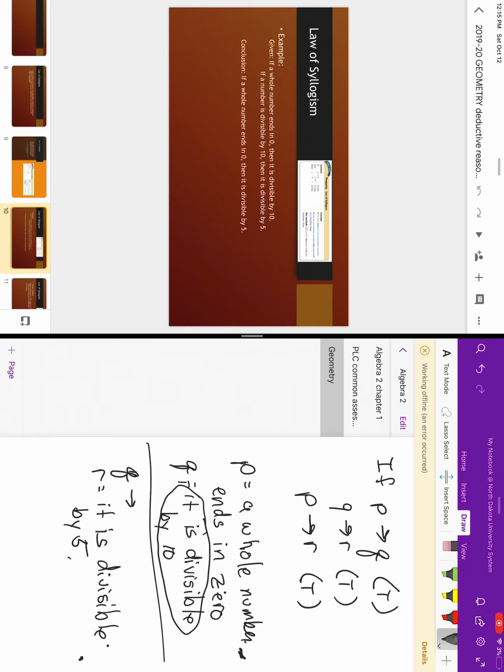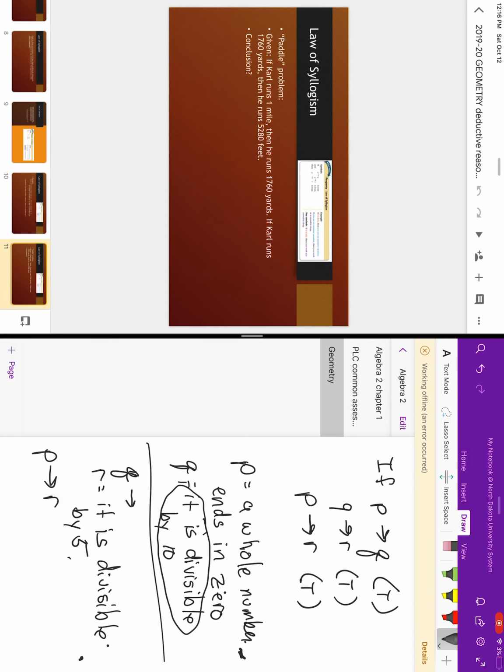So the conclusion is, if a whole number ends in 0, it is divisible by 5. We are combining the P from the first conditional statement with the R from the second conditional statement and getting, if a whole number ends in 0, then it is divisible by 5.